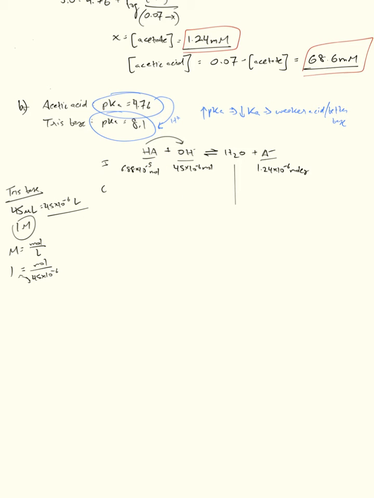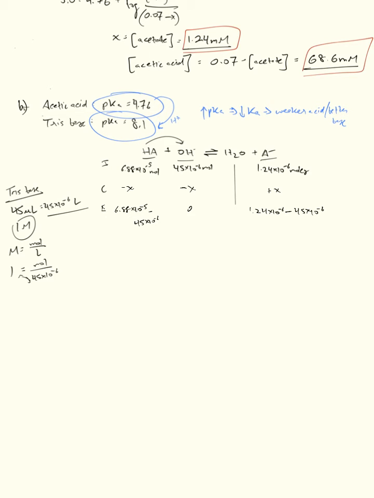So you have minus x, plus x, but we already know what x is here. X here is 45 times 10 to the negative 6th. So here you have 6.88 times 10 to the negative 5 minus 45 times 10 to the negative 6th. Here will be 0, and here will be 1.24 times 10 to the negative 6th minus 45 times 10 to the negative 6th.